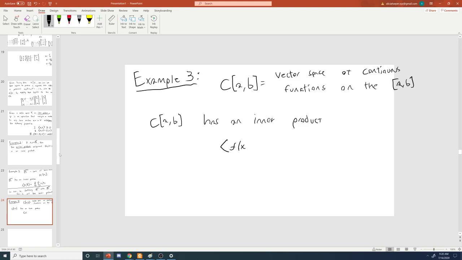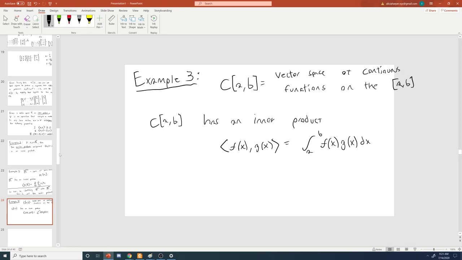I'm going to take two functions, f and g, that are continuous on the closed interval, and I'm going to define their inner product as the integral from a to b of f of x times g of x dx.